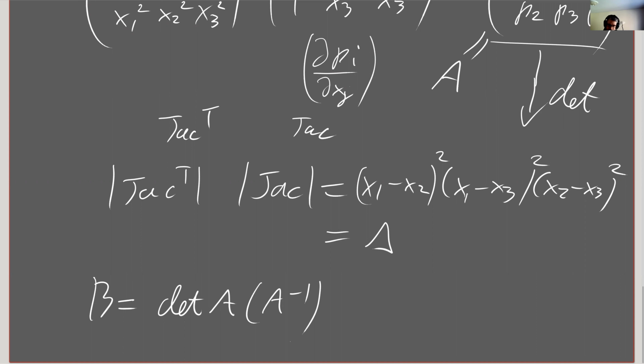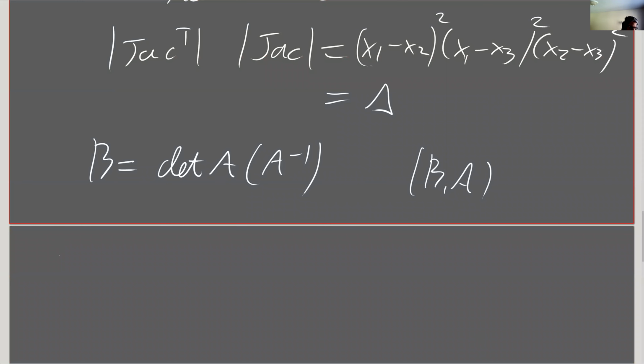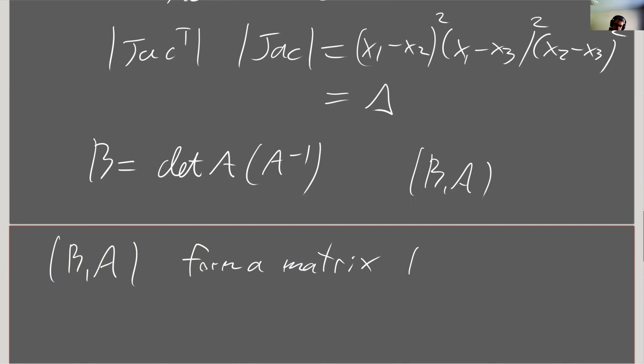This B, the pair of A and B, are going to be a matrix factorization, maybe BA, of delta. Okay, what is the definition now?